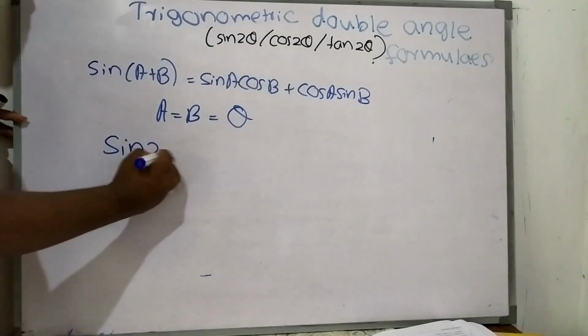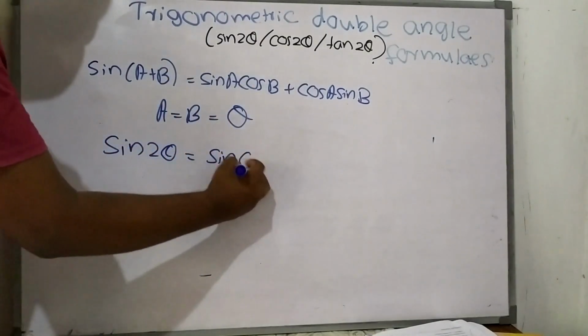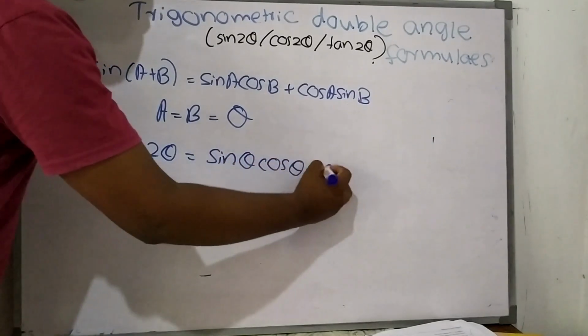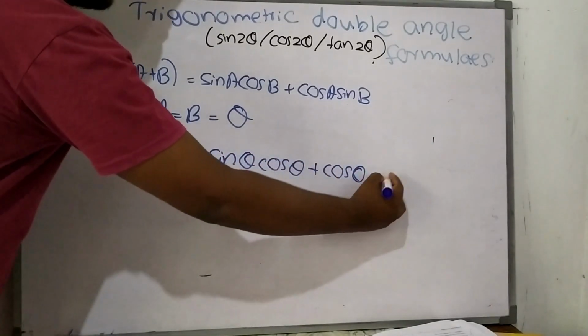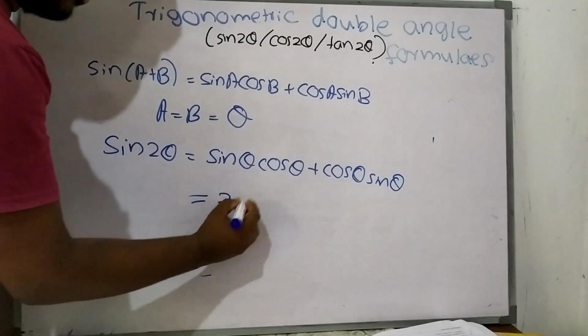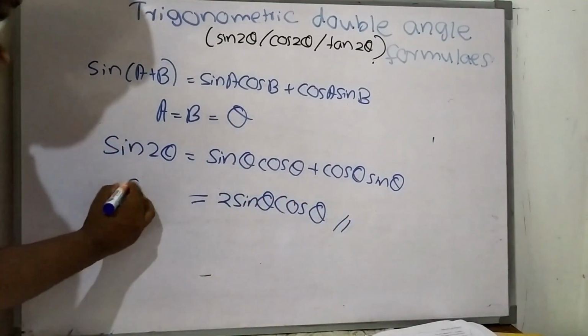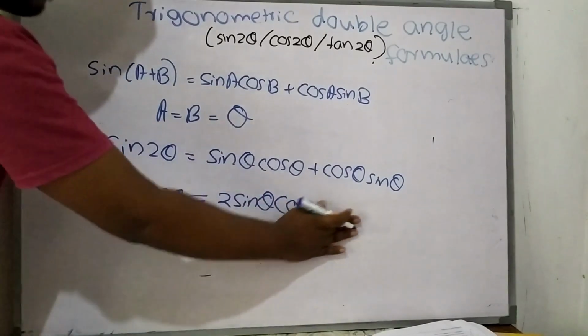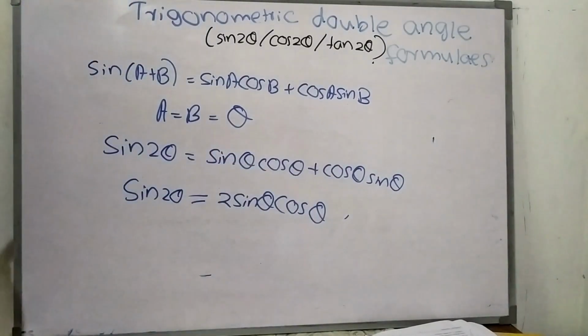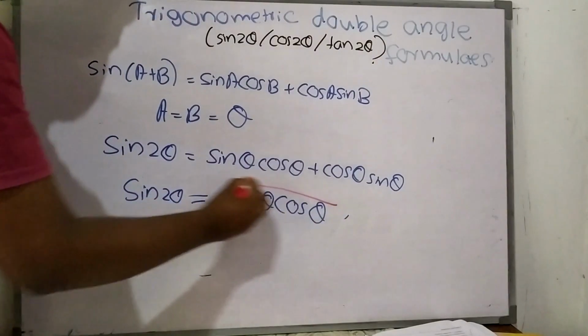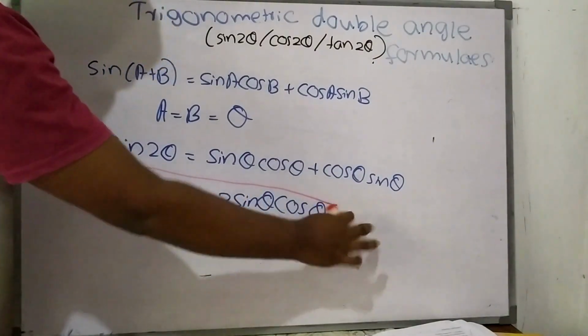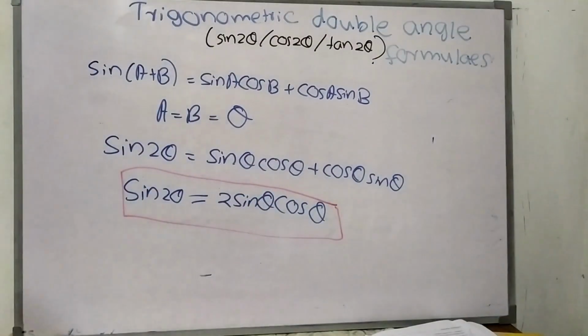Then sin 2 theta equals sin theta cos theta plus cos theta sin theta. So this is 2 sin theta cos theta. So this is the sin 2 theta formula, right? So you have to memorize this.